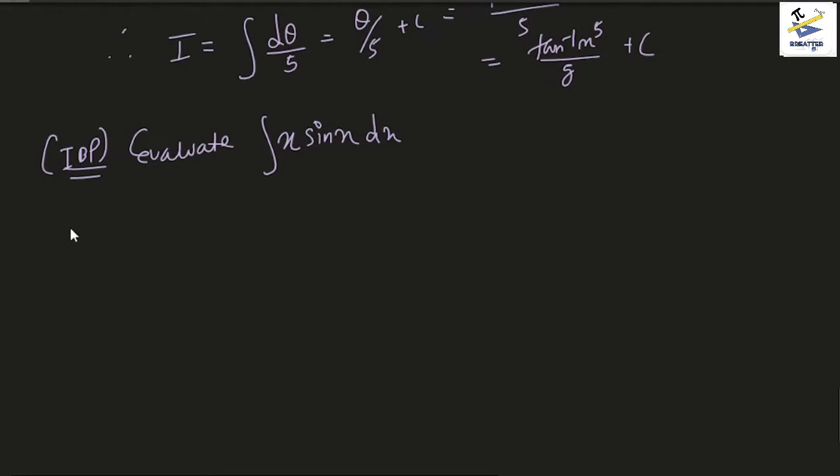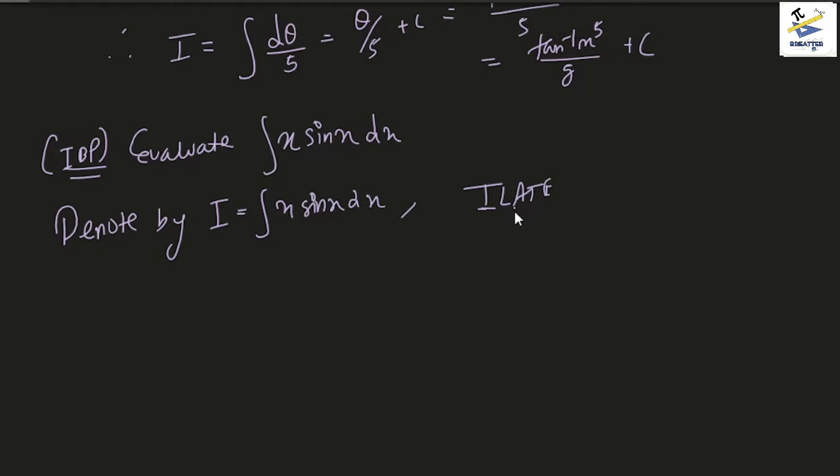So denote by I the integral, and whenever we see functions which are a product of two different kinds of functions, we try to remember our ILATE rule, where we know which one to take as first function and which one as second function. So in the ILATE rule, the algebraic function comes first, before the trigonometric function. So the algebraic function should be function 1, and the trigonometric one should be function 2, right?